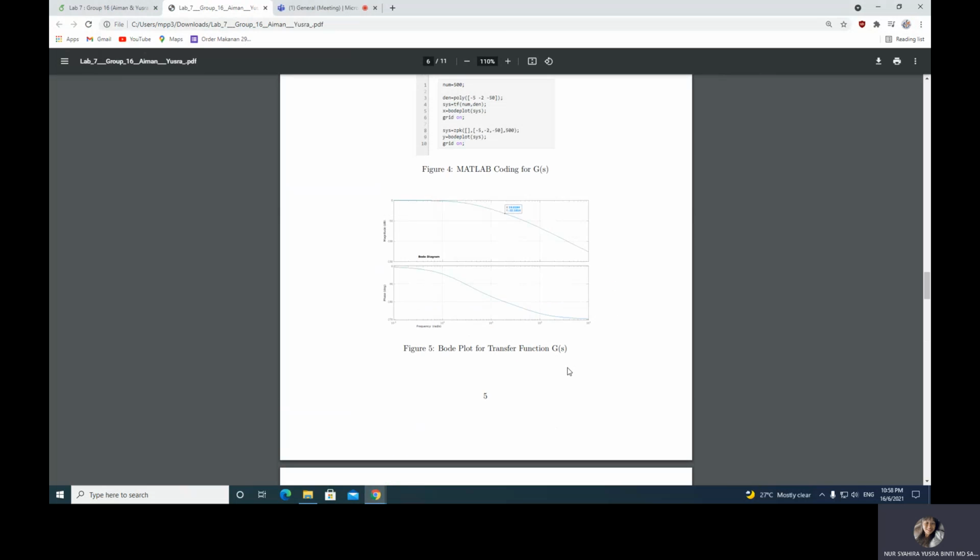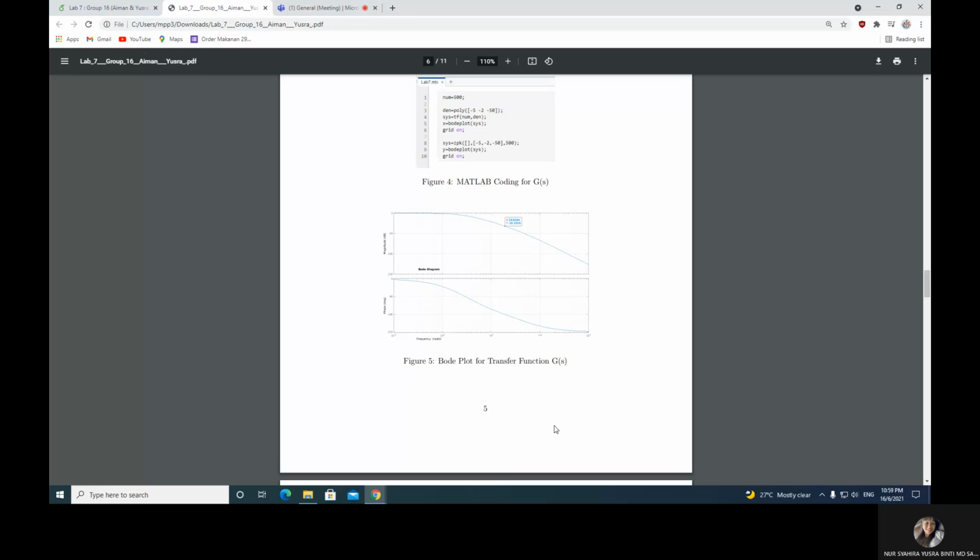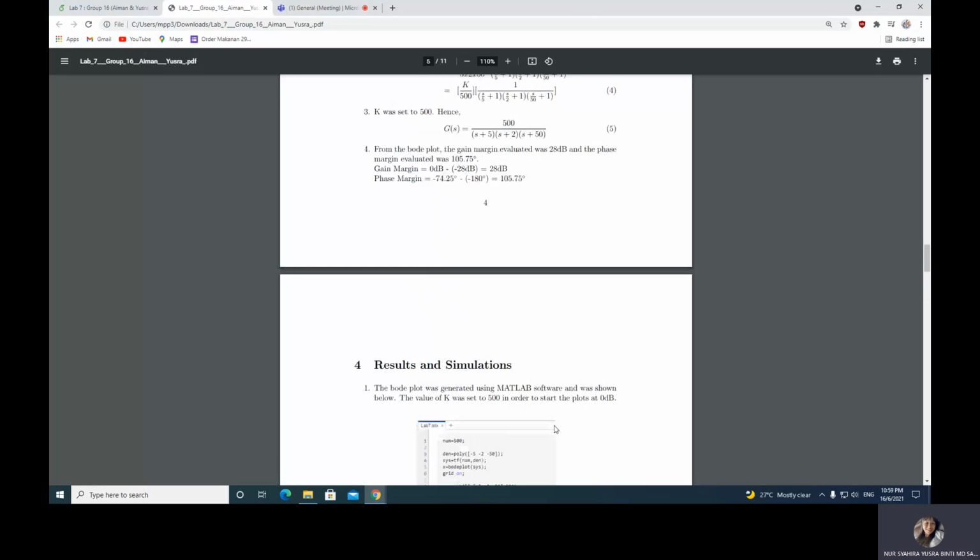We learned to determine the frequency response of the system using the approximated and actual Bode plot. Besides that, we also learned how to evaluate the gain margin and the phase margin. The results are slightly different due to the simplification of the Bode plot to a sequence of straight lines compared to the actual one.